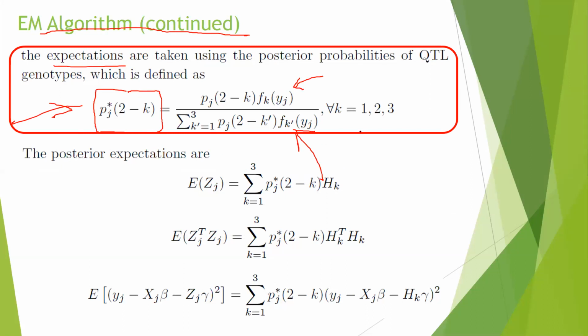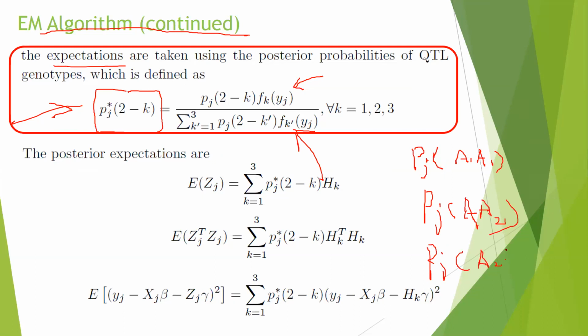Yes, yes. So because we want to calculate this for this individual: what's the probability that this individual takes the first genotype? What's the probability that this individual takes the second genotype? And what's the probability that this individual takes the third genotype?